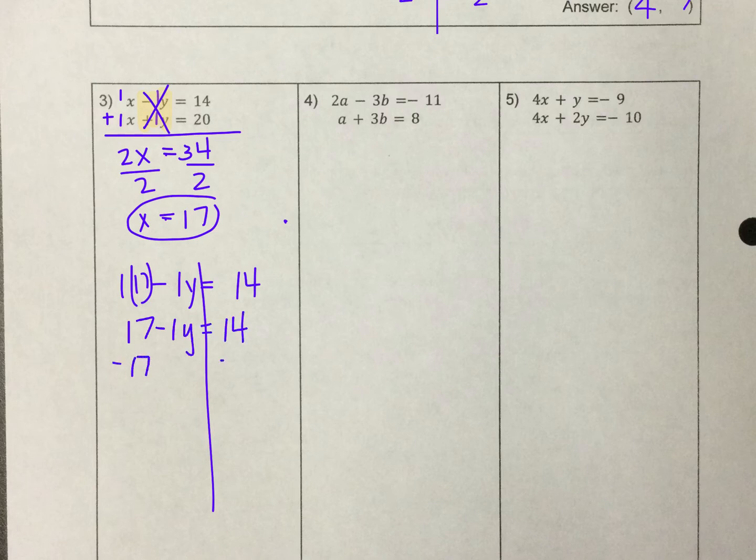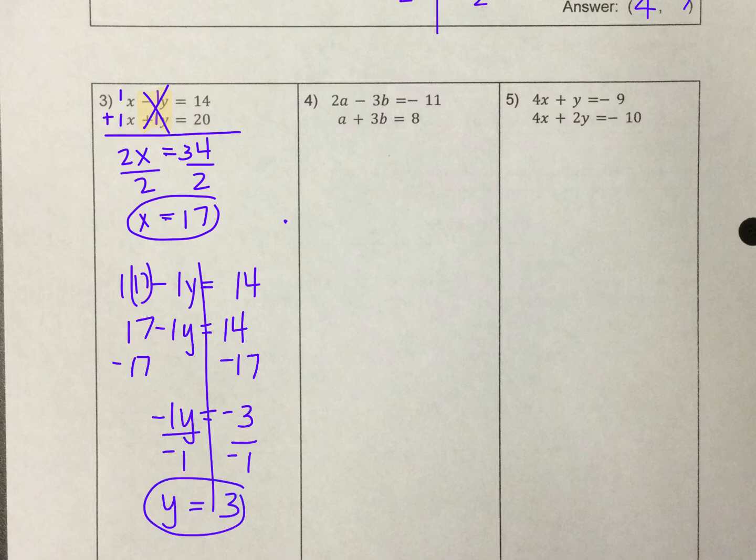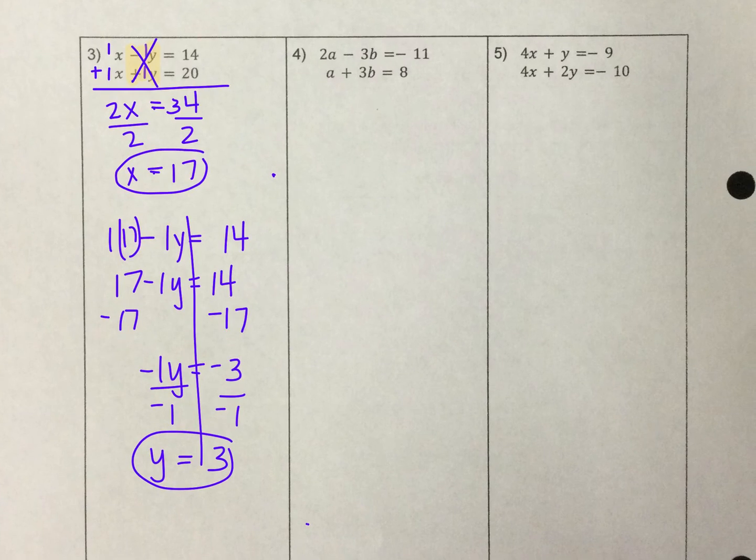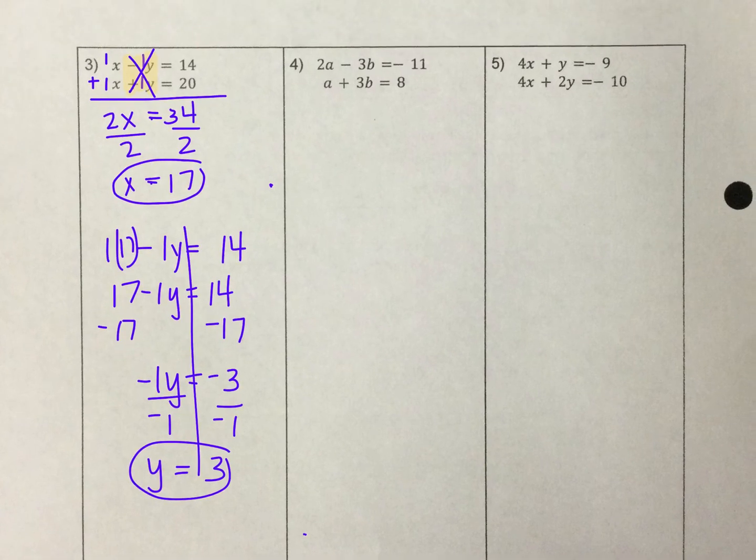I'm going to subtract 17, -1y, don't lose that negative, equals -3. Divide by -1, y equals 3. So I have my x and I have my y. So then we're going to write that as a coordinate, 17, 3. If you drew those 2 lines, they would cross at 17, 3.